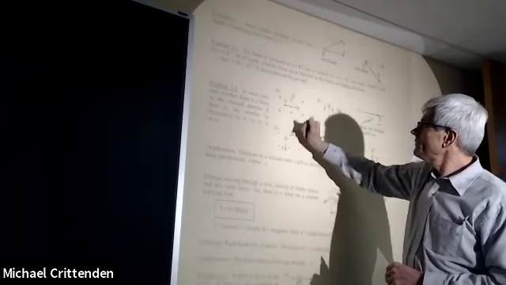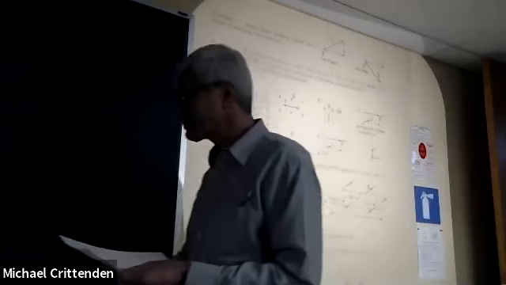So that reverses the direction. And the answer for part A, let's see, where am I on the screen? There. For part A, the answer is plus y. As a number of you had.